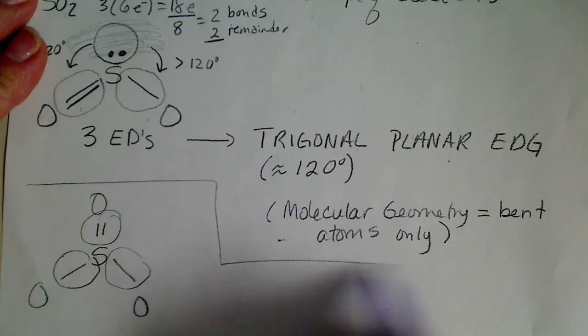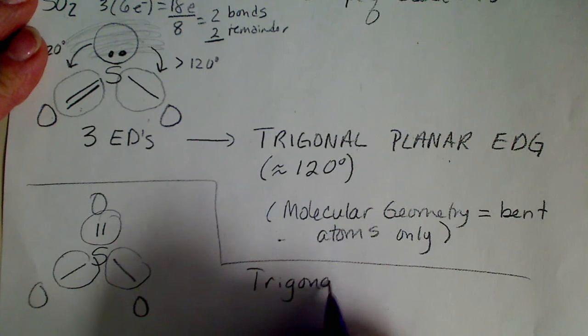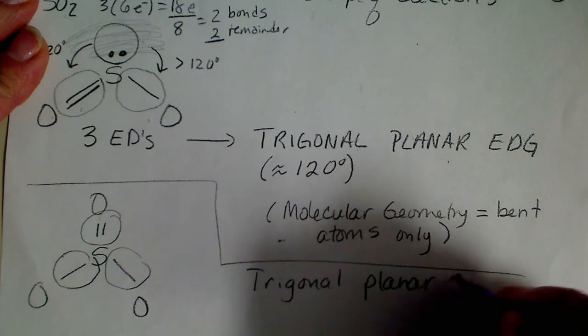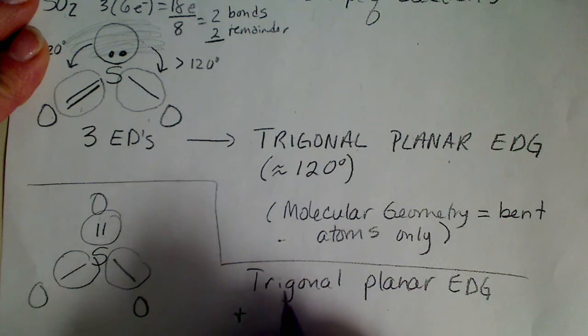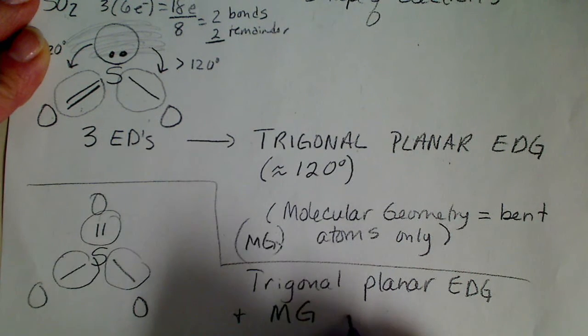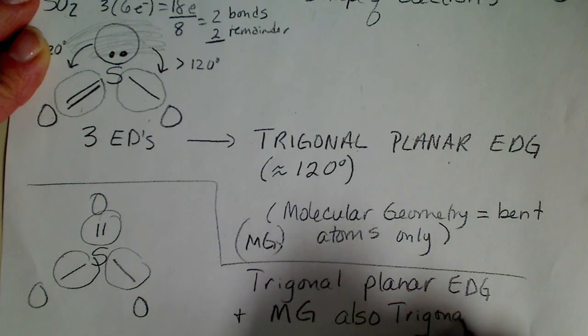So the molecular geometry here is bent on the SO2. For SO3, we have the trigonal planar electron domain geometry as well. Trigonal planar electron domain geometry, and the molecular geometry, so I call that MG, is also trigonal planar because there are no lone pairs.